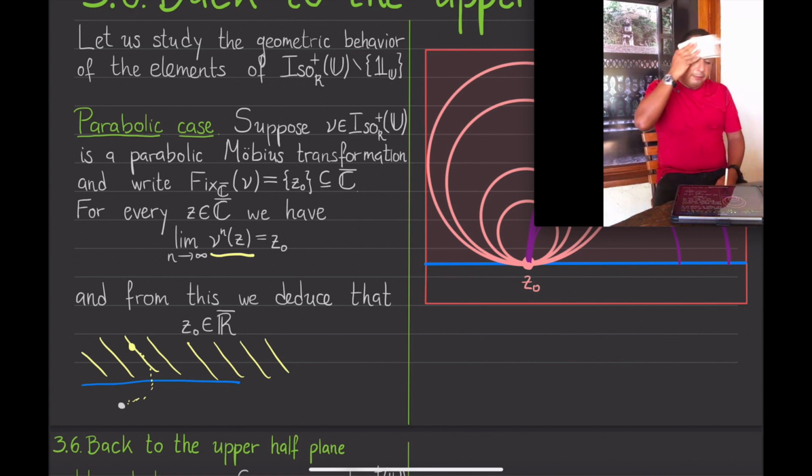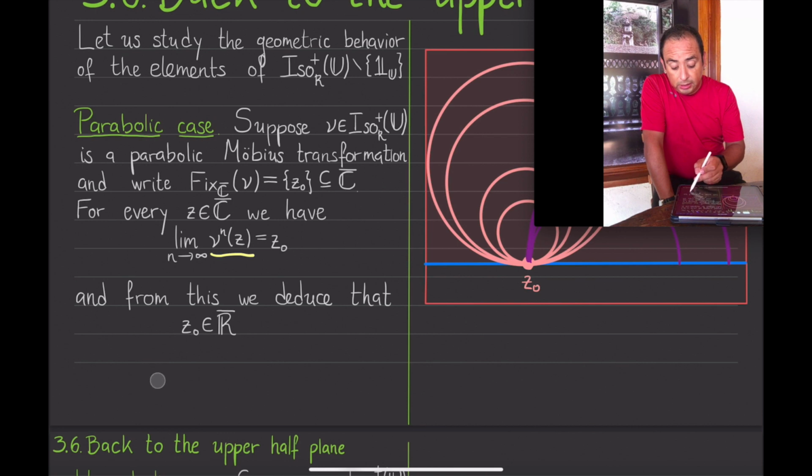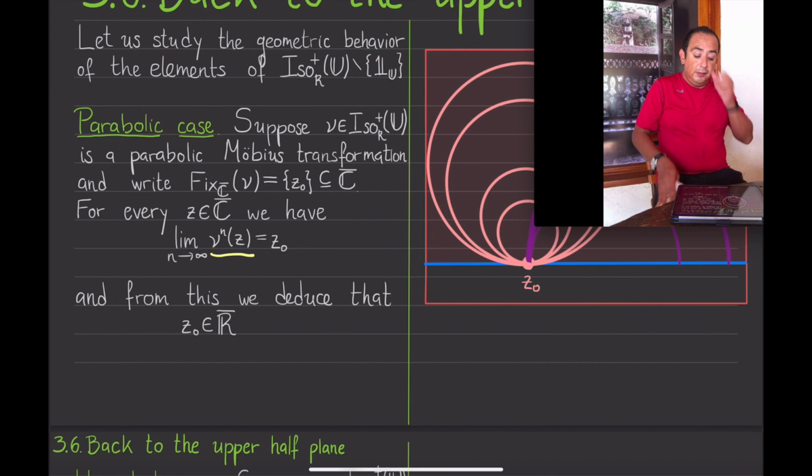You would have that nu does not preserve U bijectively. So it cannot be that the fixed point is in U, it cannot be in minus U. The only remaining possibility is that it sits in R bar.